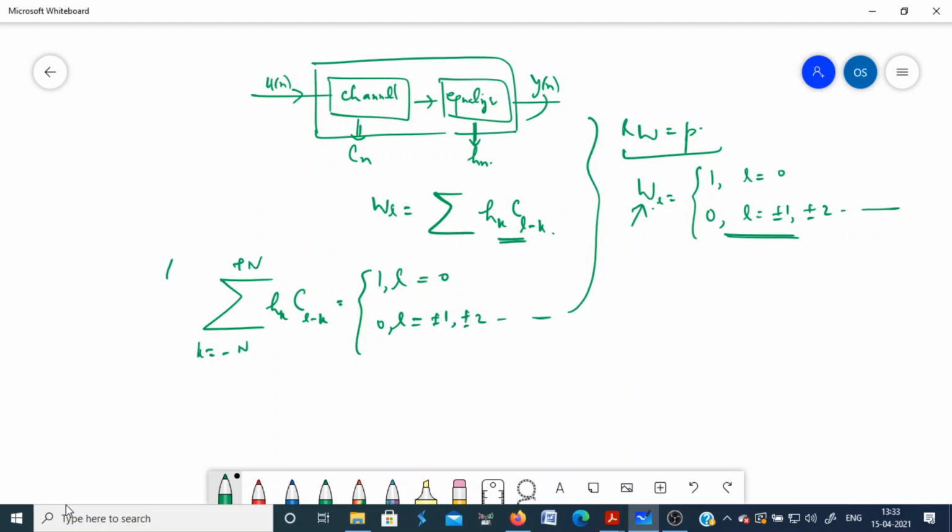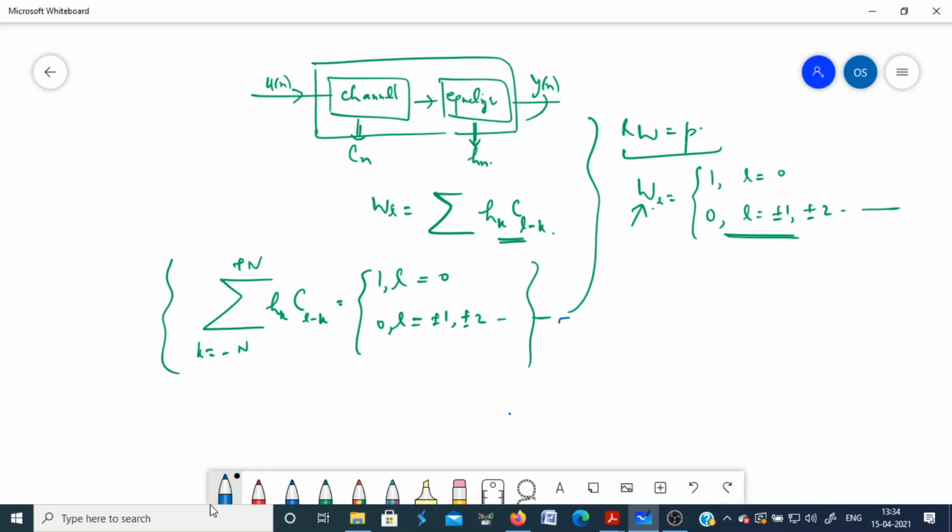By expanding this, you can get a set of equations. You first put L equal to 0 and then vary K from minus N to plus N, you will get one equation. Then L equal to 1, again vary K from minus N to plus N, another equation, and so on. So you can put all these equations in the form of a matrix.